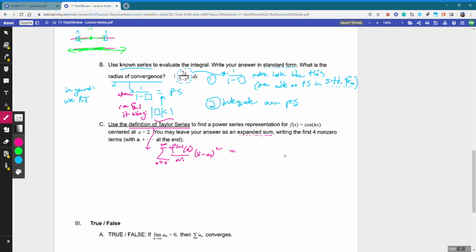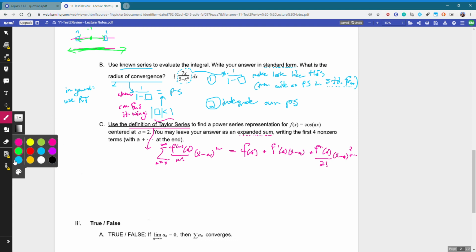And how that looks written out is, our n equals 0 term is f of a, our n equals 1 term is the first derivative evaluated at our center times x minus a, and then our next term is the second derivative evaluated at our center over 2 factorial times x minus a squared, and similarly, moving on.